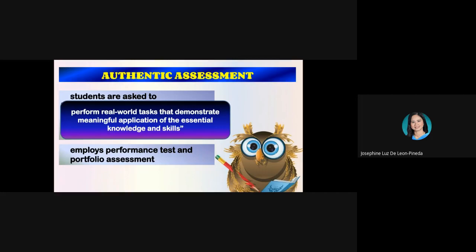And they provide more specific and usable information about what students have succeeded in learning, as well as what they have not learned. So that's authentic assessment. So the keyword for authentic assessment: it is a type of assessment that requires students to perform real-world tasks.